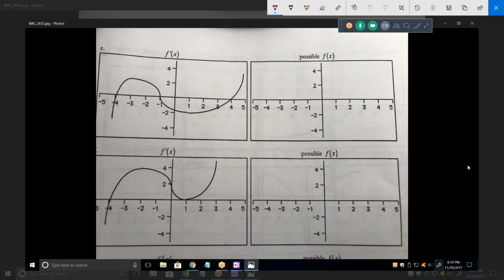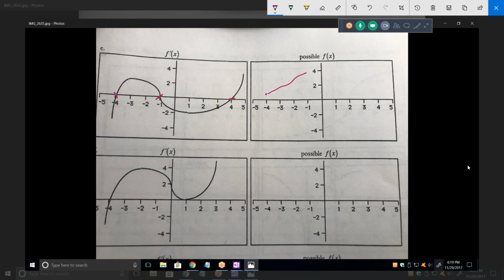So, again, what is the original function doing between those two points? Increasing. All right, I'm just going to take a point and arbitrarily increase it to there. That would make sense. Okay. What is the function doing between this point and this point?